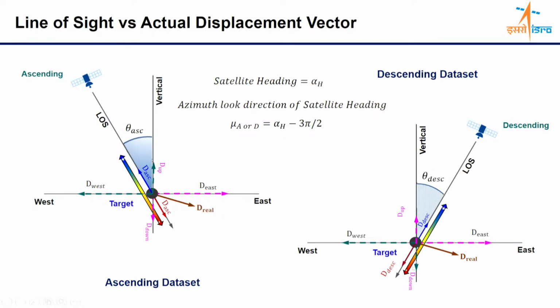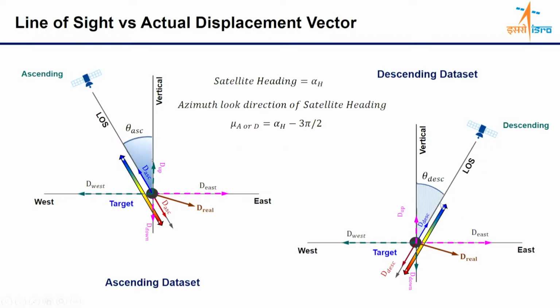Again, if the target is moving towards the satellite or away from the satellite: if away, it can be decomposed along this direction and along this direction. If it is moving towards the satellite, then its component is along the east direction or along the upward direction, and another component is along the northern side.